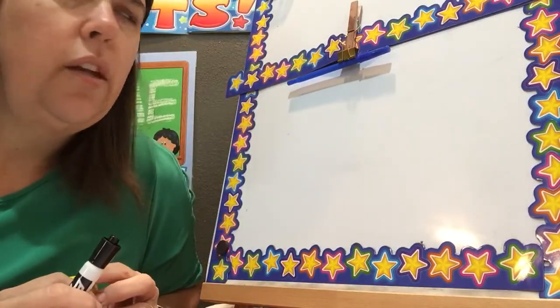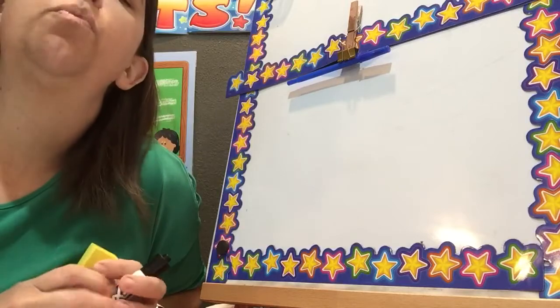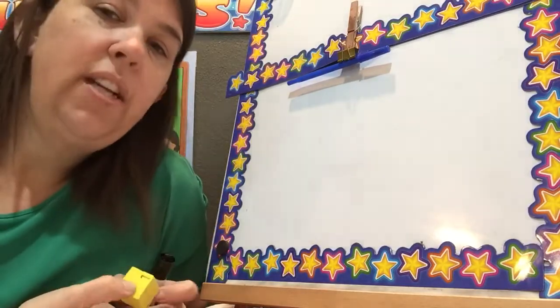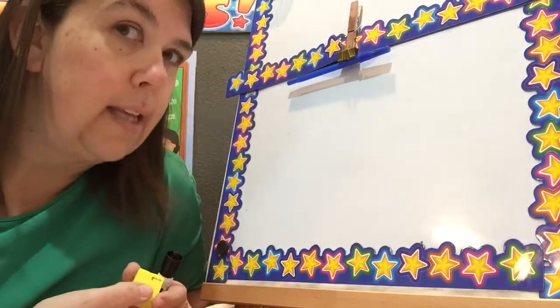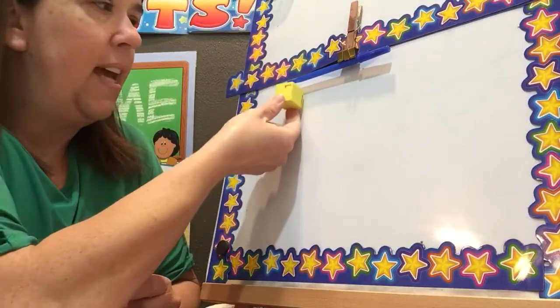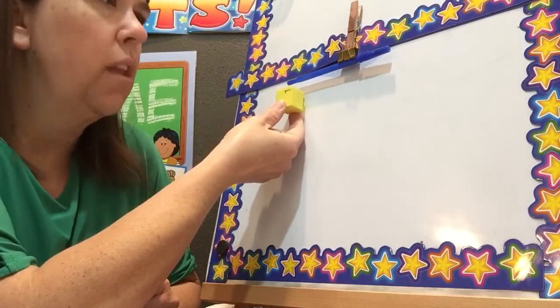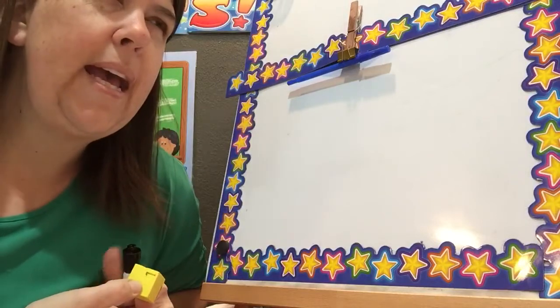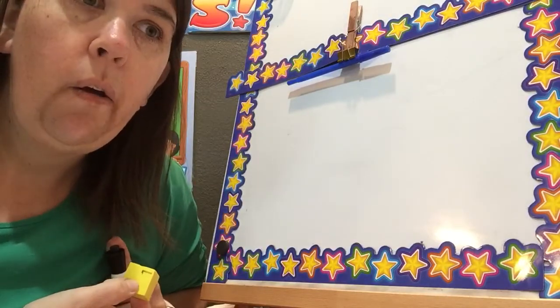A good thing that we can do when we're measuring is to predict how many cubes long it is. A prediction is an educated guess. It's a good guess. Now, if I were to say, about how many cubes long do you think this pin is, would you say 400?